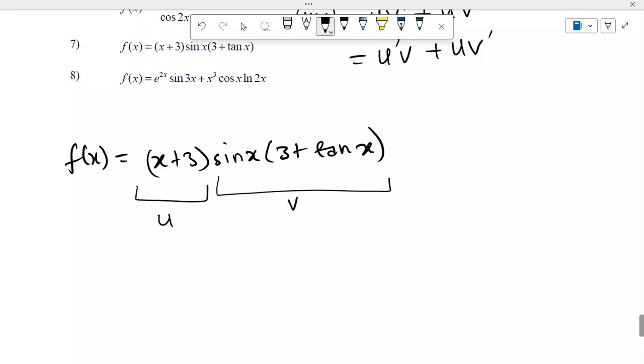But for us to differentiate this, we also use product rule. So we have a product rule inside the product rule. Yes, because here you're multiplying two functions.